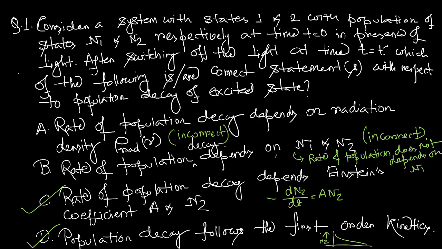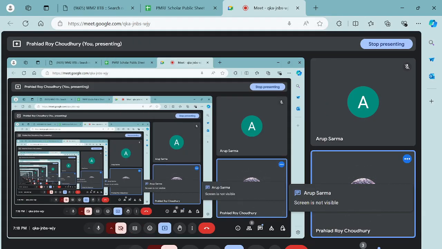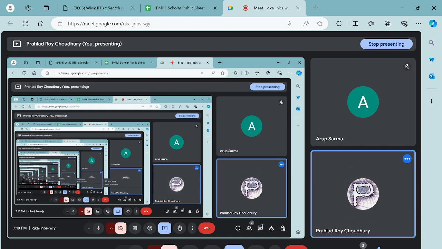Okay, so now let's look at the second question. Screen is not visible. Wait.